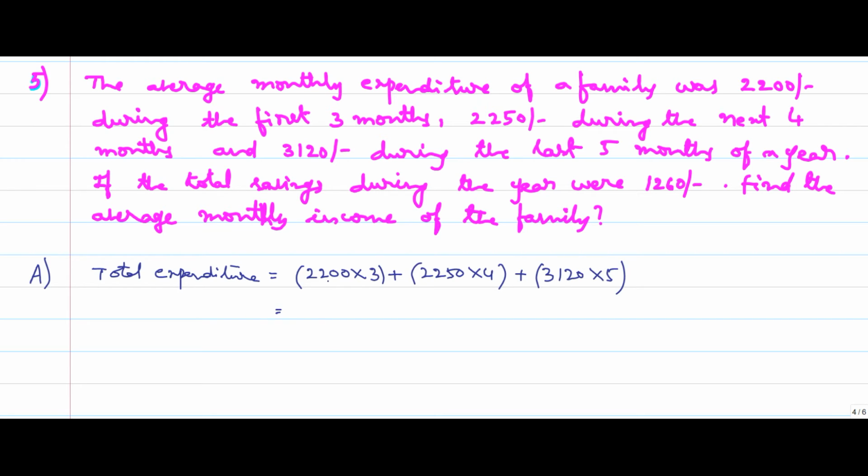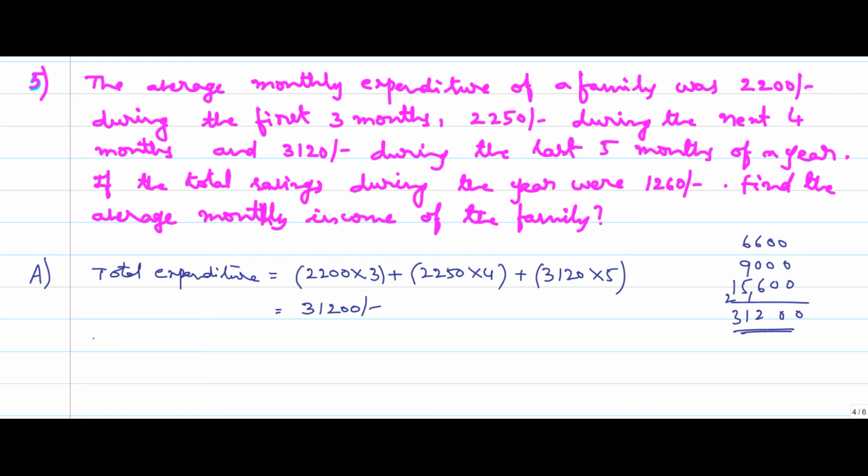So this will be equal to 6600, let me write here, 6600, and then 9000 and 15600. So this will be 31200. This is the total expenditure.